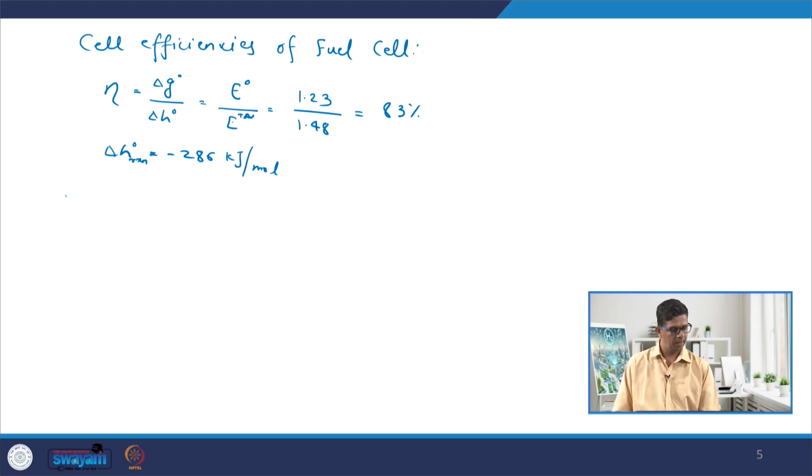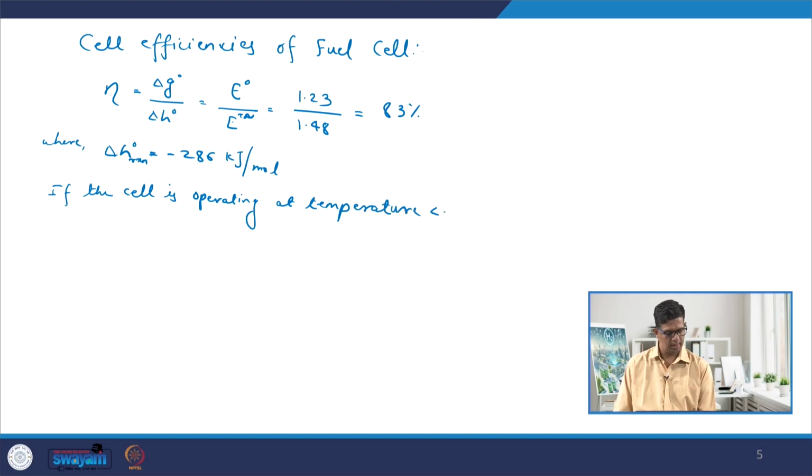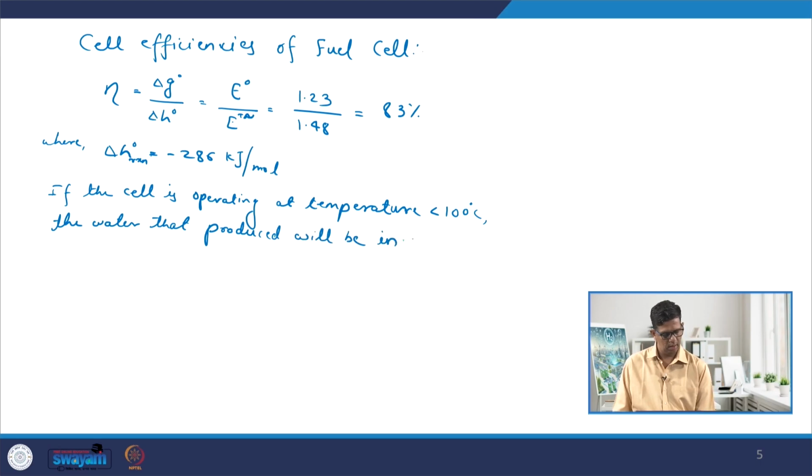In other words, if the cell is operating at a temperature which is less than 100 degrees Celsius, the water that is produced will be in liquid form.